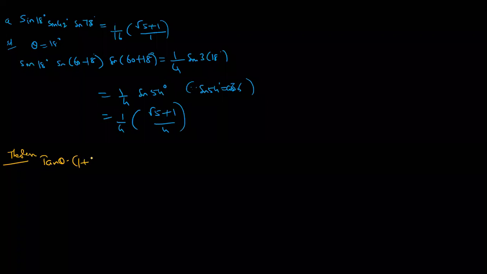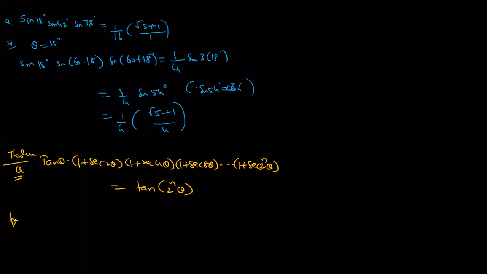Tan theta into 1 plus secant 2 theta, 1 plus secant 4 theta, 1 plus secant 8 theta and so on, 1 plus secant 2 power n theta, which gives tan of 2 power n theta. So be careful, proof. How?